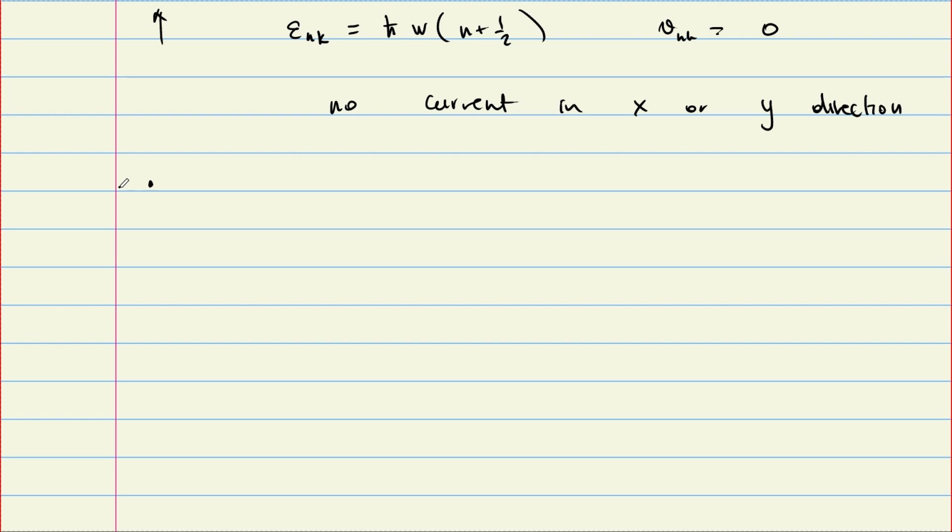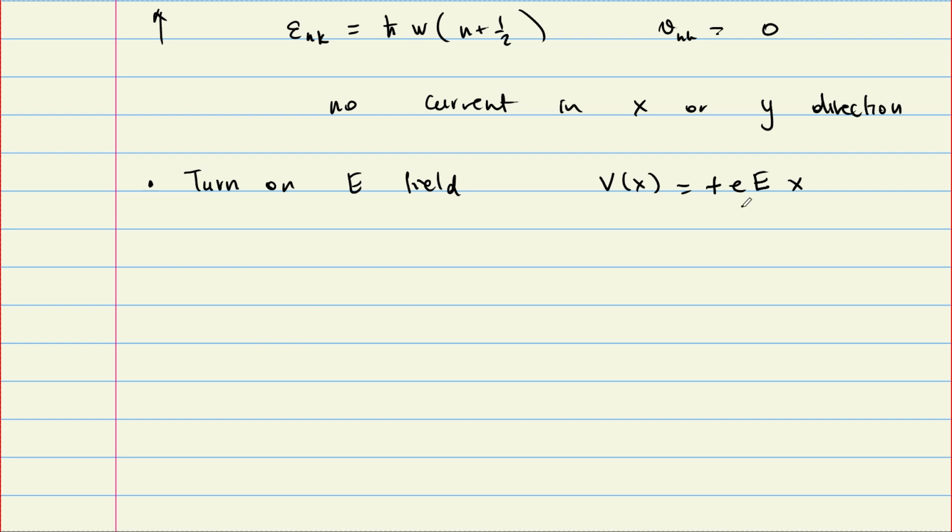Now we are going to add electric field along x direction. Turn on E field. And for electric field in the x direction, I'm going to put this potential V of x equal to plus eEx.